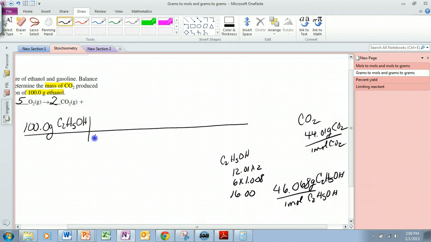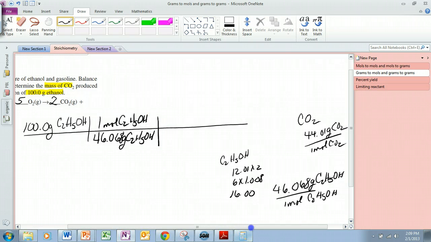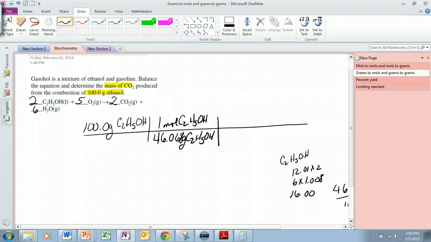So I'm going to use all of those for 46.068 grams of C2H5OH for 1 mole of C2H5OH. And then for my balanced chemical equation, I see for every 2 moles of ethanol, I get 2 moles of CO2.